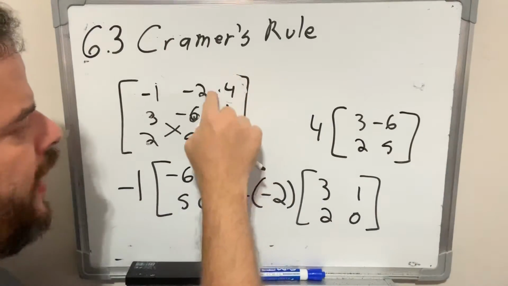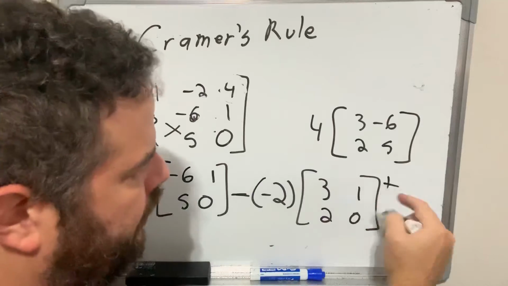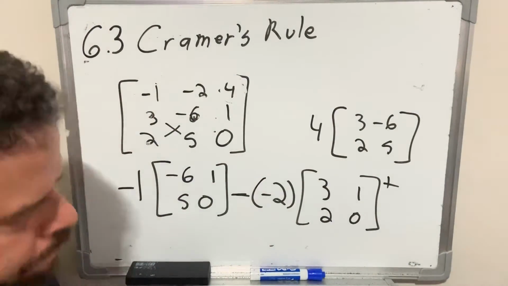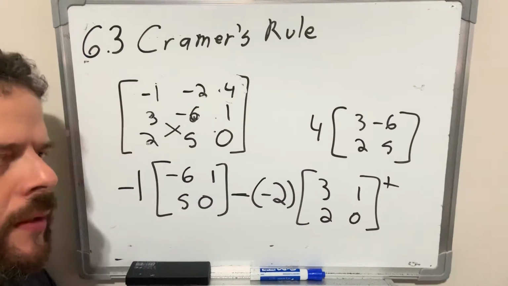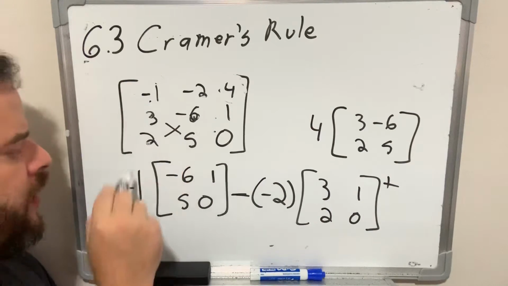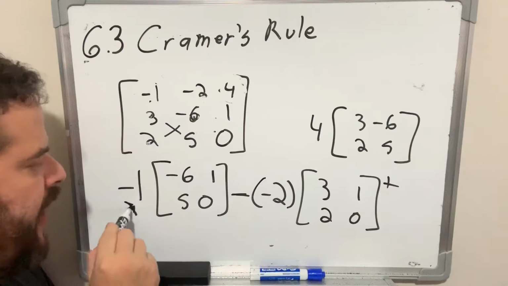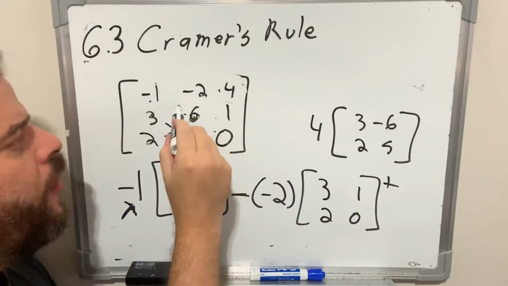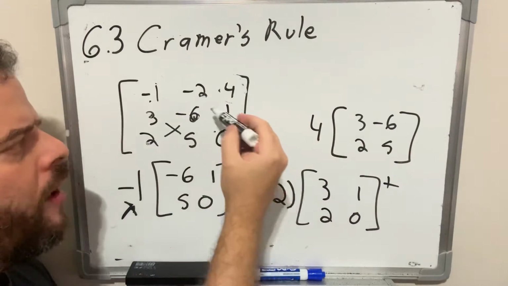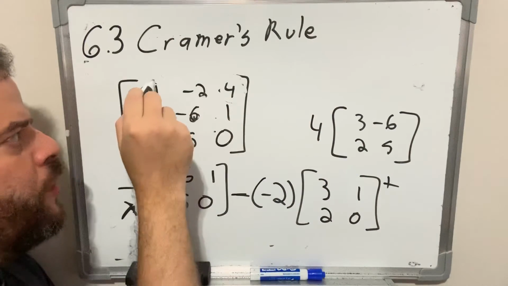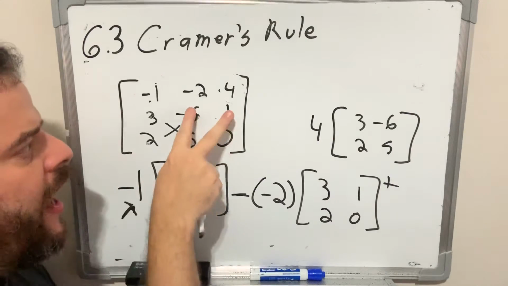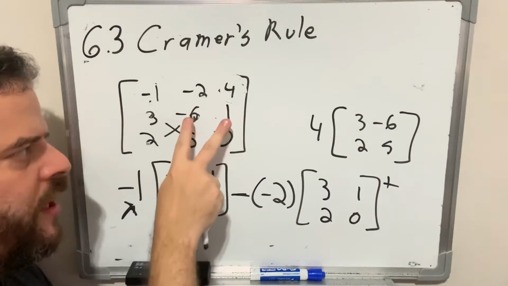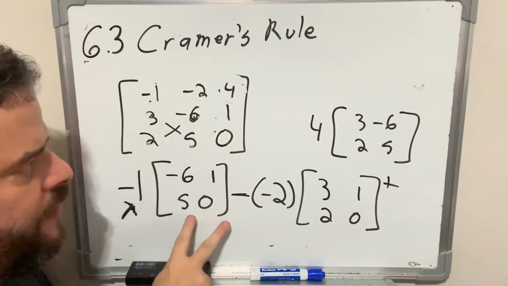I have to rewrite it using smaller numbers. So to repeat, the first element gets placed outside, and it's going to be a scalar multiplication of a 2x2 matrix formed by the bottom rows of the columns you're not using. Since I'm using the -1 outside, I'm going to be using the bottom two rows, and these two columns I'm not using here. -6, 1, 5, 0.